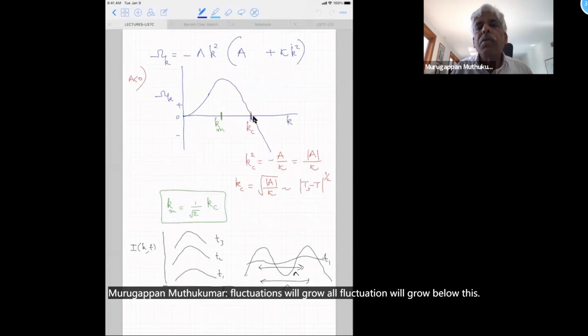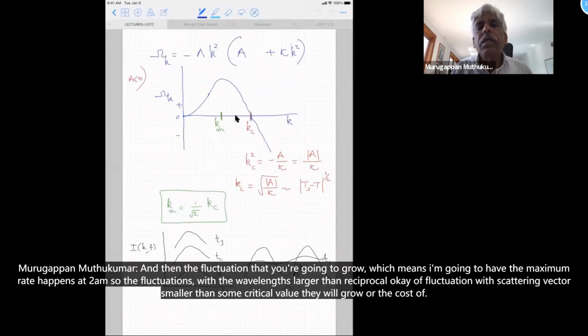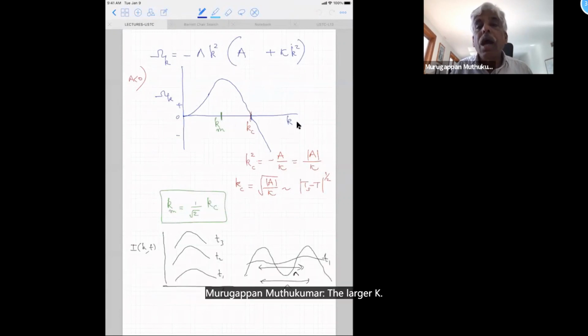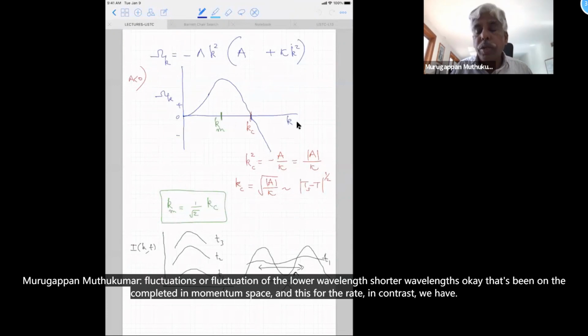And the fluctuation that is going to have the maximum rate happens at Km. So fluctuations with wavelengths larger than the reciprocal of K, or scattering wave vector smaller than some critical value, will grow at the cost of the larger K fluctuations, those with shorter wavelengths. That's going to come. This is in momentum space, and this is for the rate.